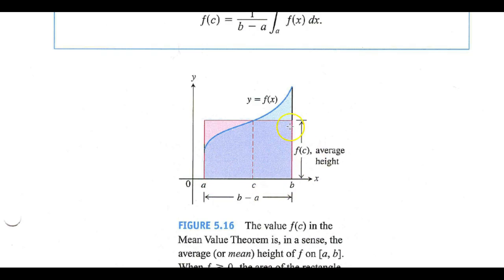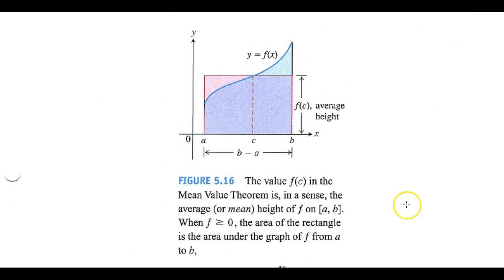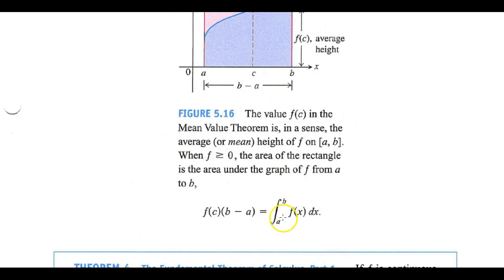It ends up being that if I know the average value of the function over that interval, if I take that as the height of my rectangle, and the entire length of the interval, which is b minus a, as the width, then the area of that rectangle is exactly equal to the area under the curve over that interval from a to b. And that's what this notation is saying to us, right? The area of this rectangle, which is f of c times height times width b minus a, is equal to the area under the curve from a to b of f of x dx.